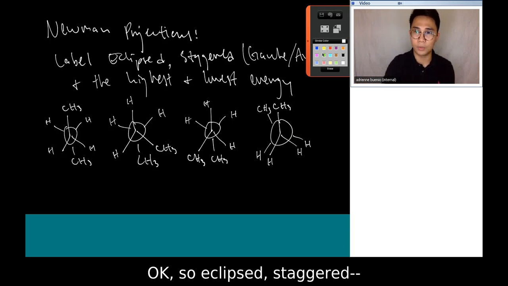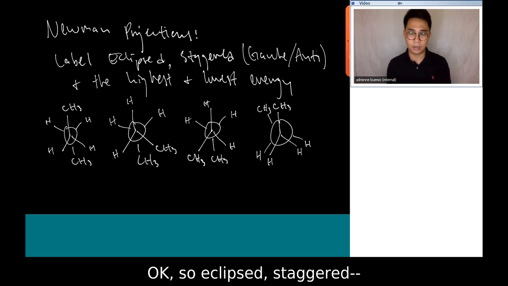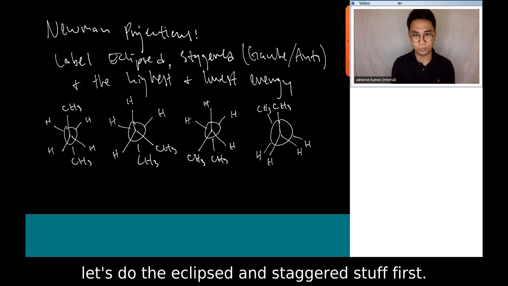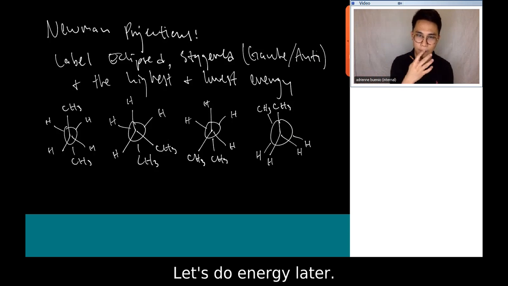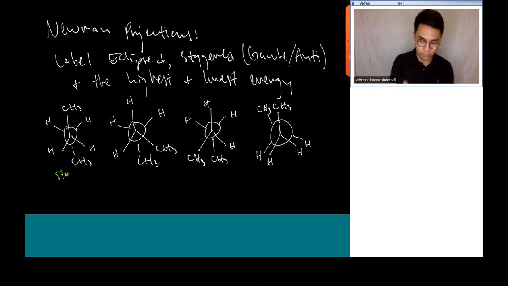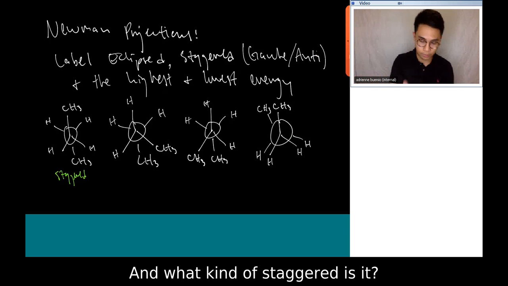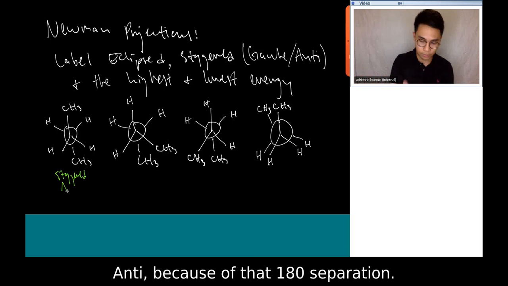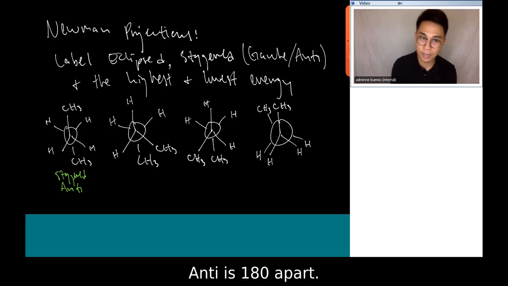Okay. So eclipsed, staggered. Let's do the eclipsed and staggered stuff first. Let's do energy later. So this one you should have gotten staggered. And what kind of staggered is it? Anti, right? Because of that 180 separation. Anti is 180 apart.